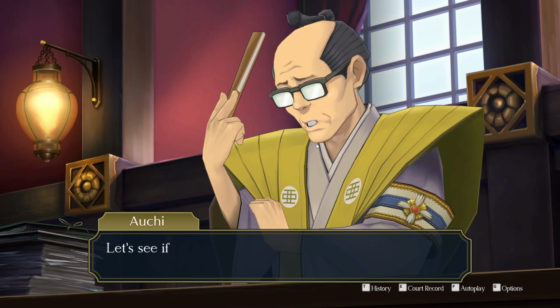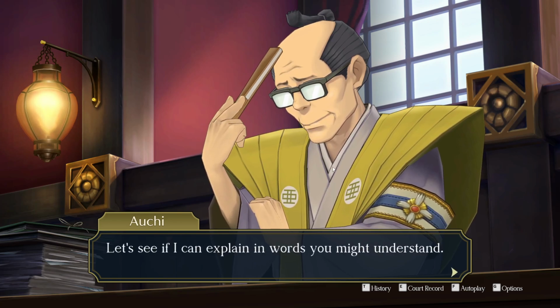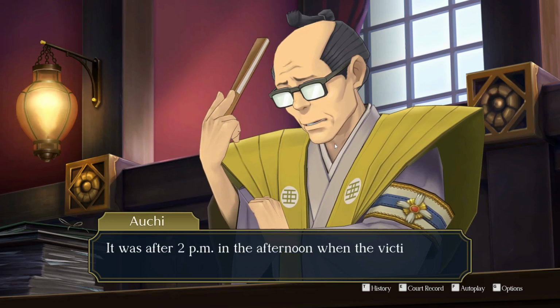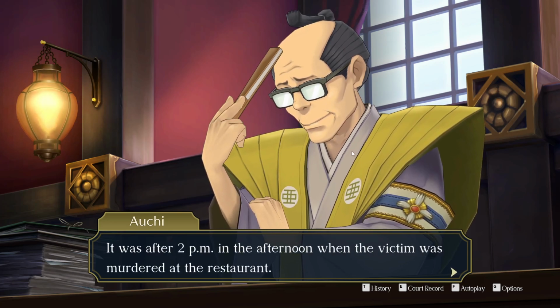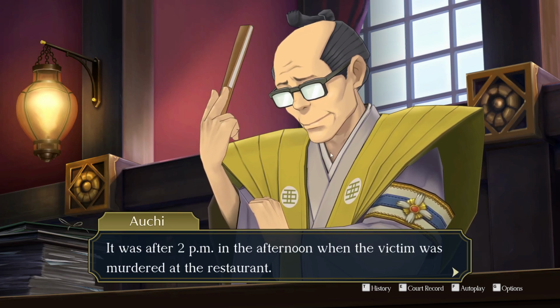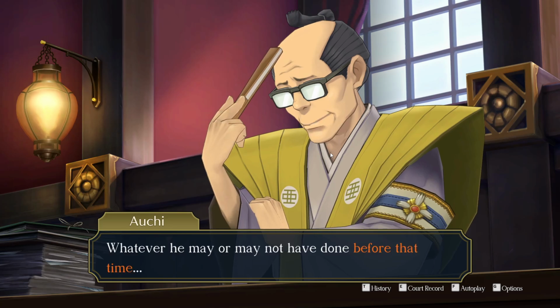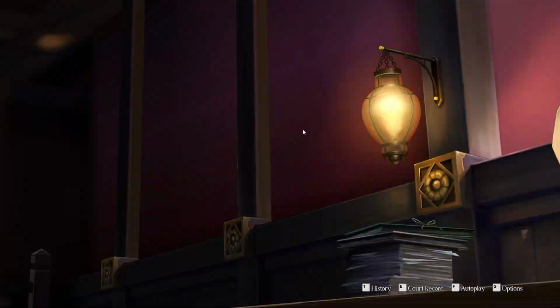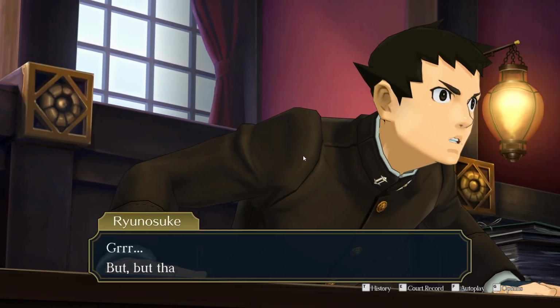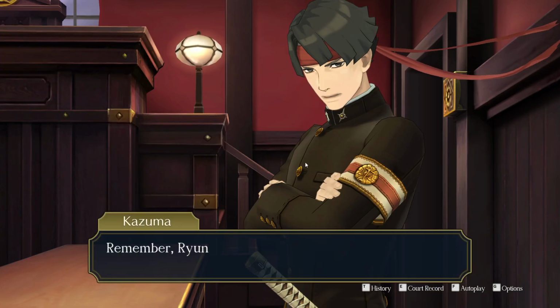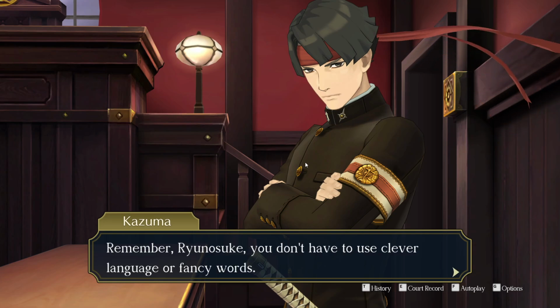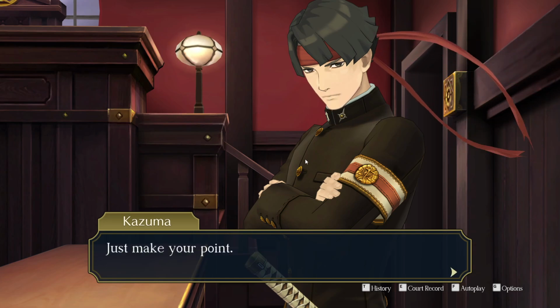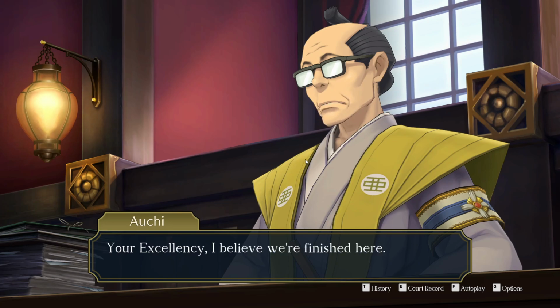But let's see if I can explain in words you might understand. It was after 2 in the afternoon. The victim was murdered at the restaurant. Whatever he may or may not have done before that time is completely irrelevant. Grr, but that's, Remember, Rinosuke, you don't have to use clever language or fancy words. Just make your point. Your Excellency, I believe we're finished here. There is surely no need to prolong this trial further.